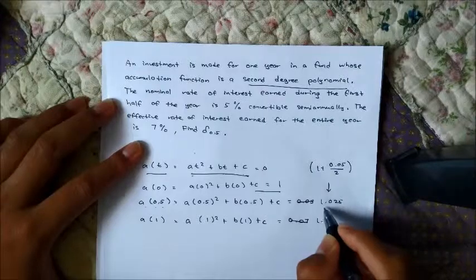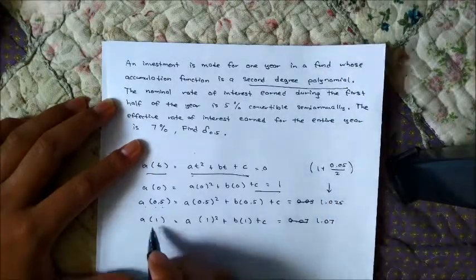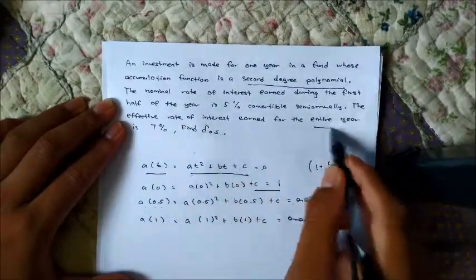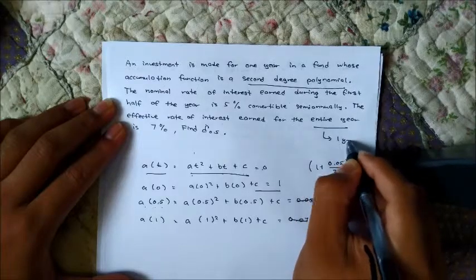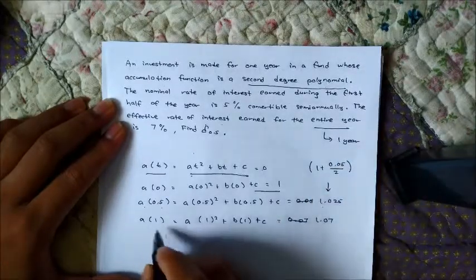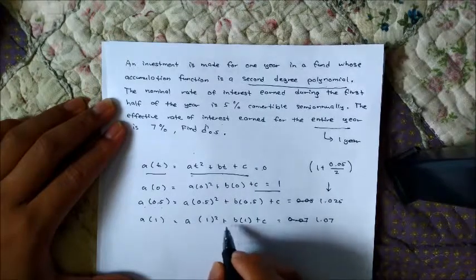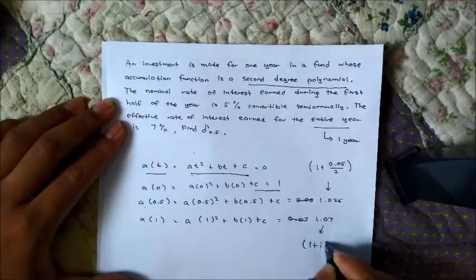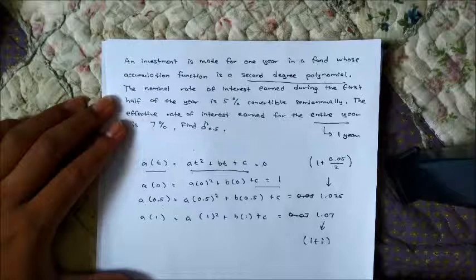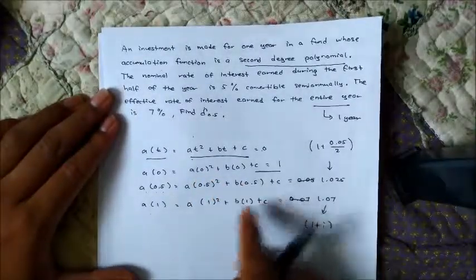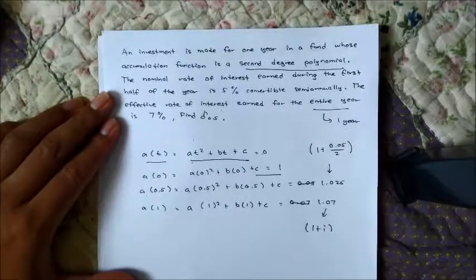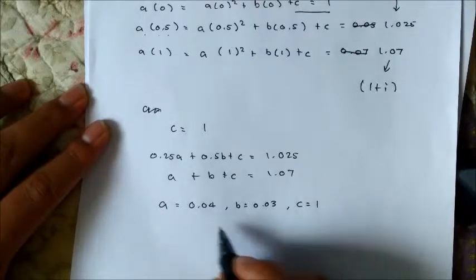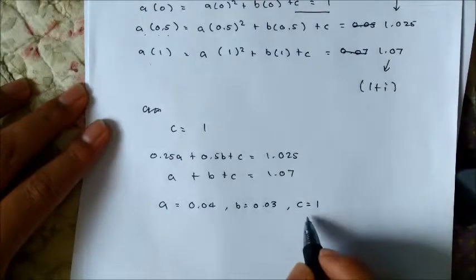Alright, for a(1), the effective rate of interest earned for the entire year, equal to 1 year, we get a(1)² + b(1) + c equal to 1.07, which is 1 plus i. Using these three equations to solve, we get a equal to 0.04, b equal to 0.03, and c equal to 1.